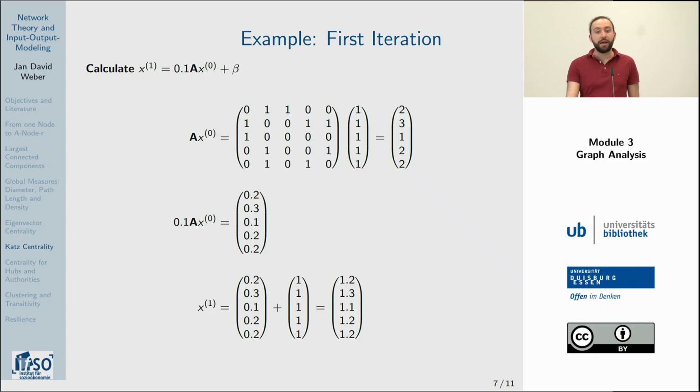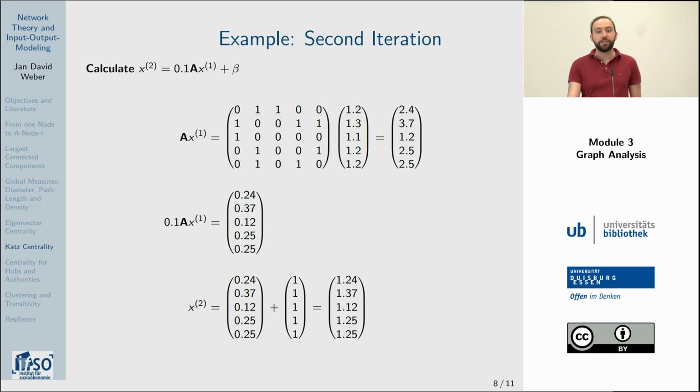here, which we will then use in the second iteration, which we multiply with the adjacency matrix, get this 2.4, 3.7, 1.2, solve that by multiplying it with the scaling parameter alpha, and add beta to it, and we have the new x2. And we continue doing this until this x vector barely changes anymore.